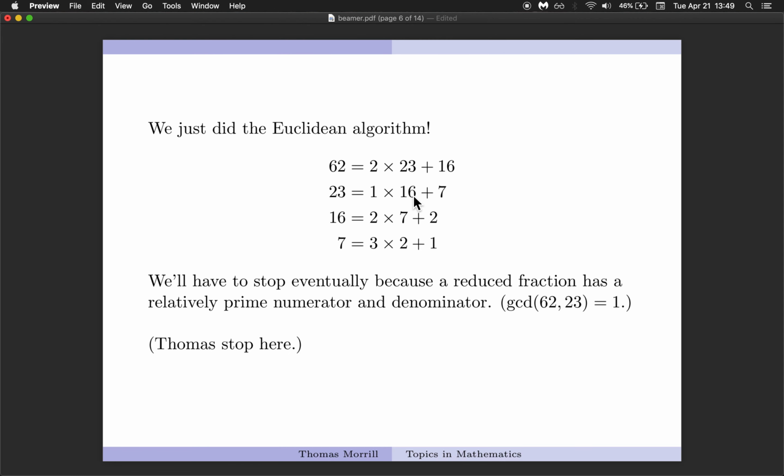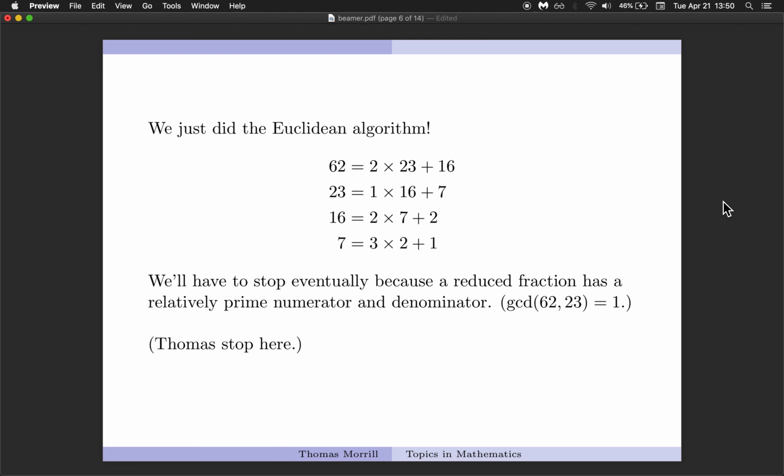So my first step was to say, how many times does 23 go into 62? And it goes in twice with a remainder of 16. Then my next smaller fraction was 16 on 23. So how many times does 16 go into 23? Then my next smaller fraction was 7 on 16, and so on.